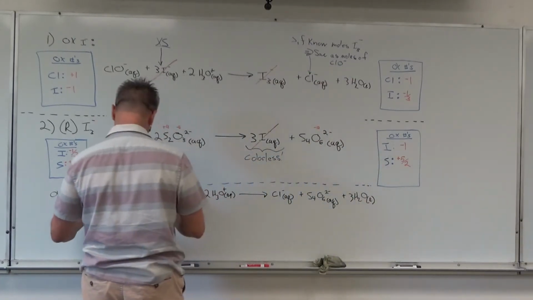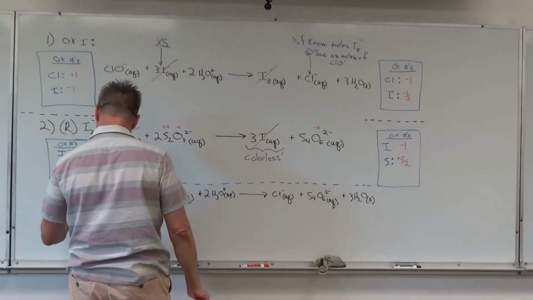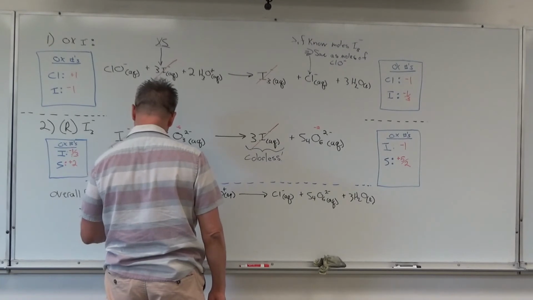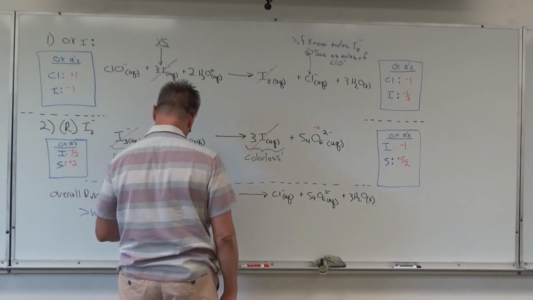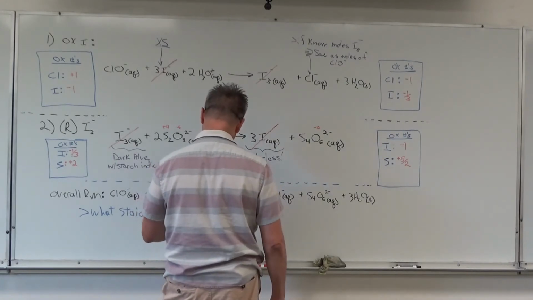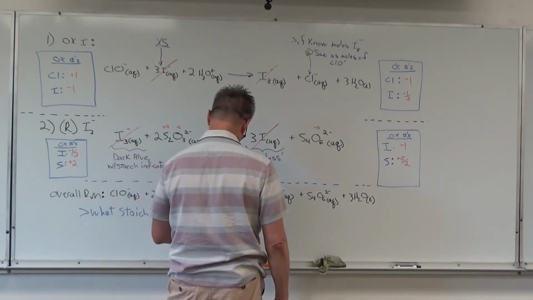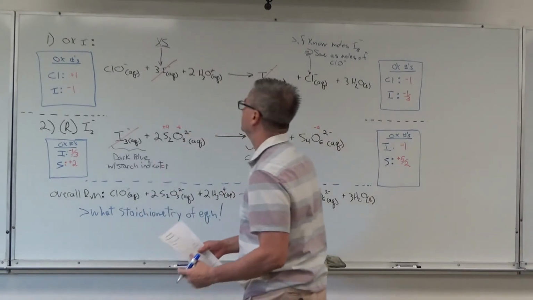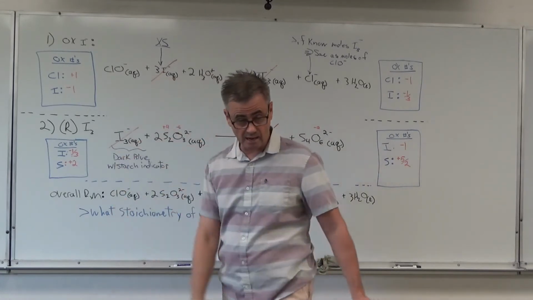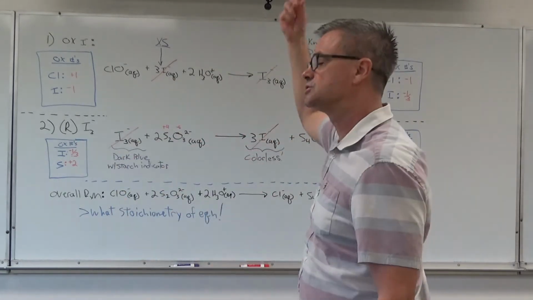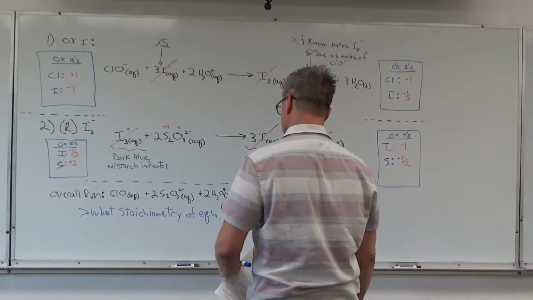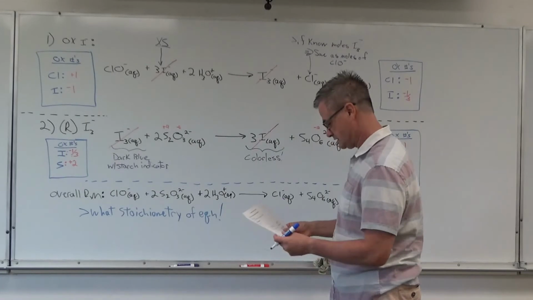So I want to remind you, watch stoichiometry of equations. Remember, stoichiometry is how much you need for each. For each hypochlorite ion, you need 3 iodide ions, and so forth. This is how much you need of each.